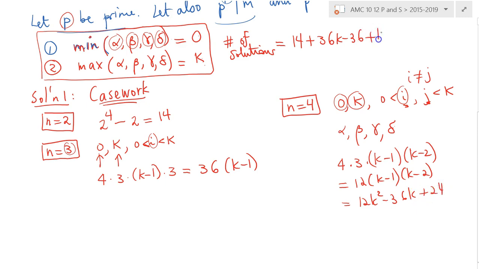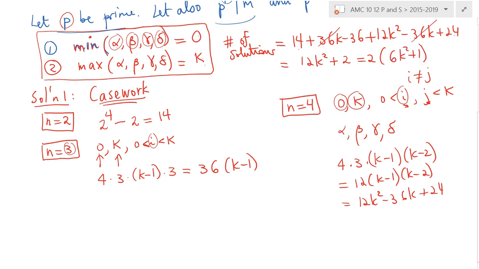Okay, so plus 12k squared minus 36k plus 24. So that would give us, plus 36k and minus, they vanish, and then we have 12k squared, and then 14 plus 38 minus 36. Okay, good. Plus 2 times 6k squared plus 1.